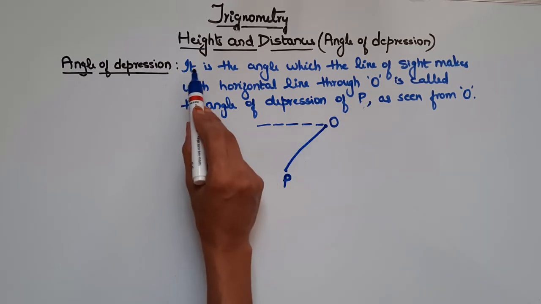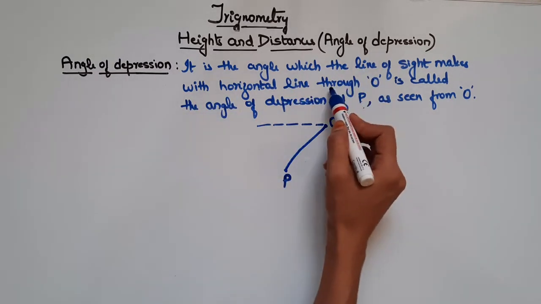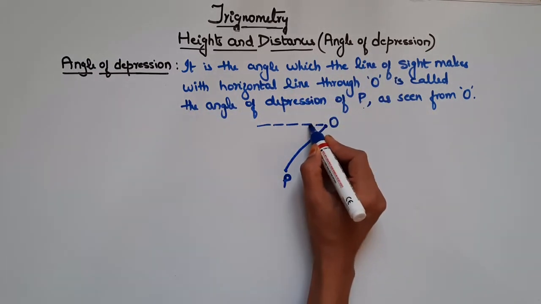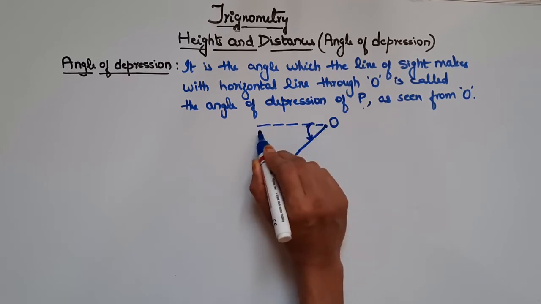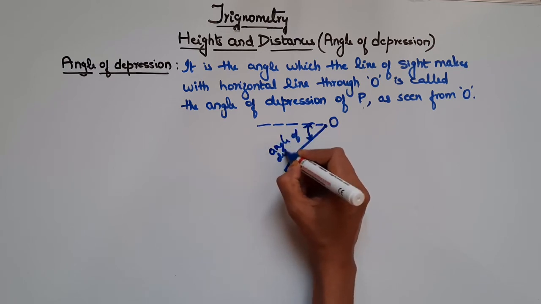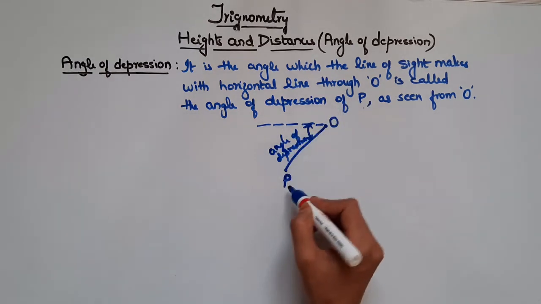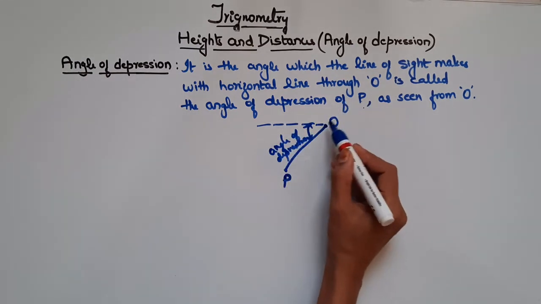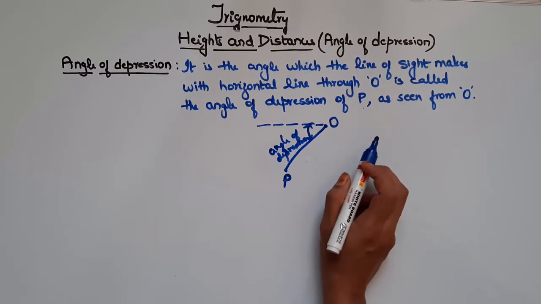Here it says it is the angle which the line of sight makes with the horizontal line through O. So that means this is the line of sight and this is the horizontal line, right? So this angle is called as angle of depression of P as seen from O. Alright. Now let's see problems under this.